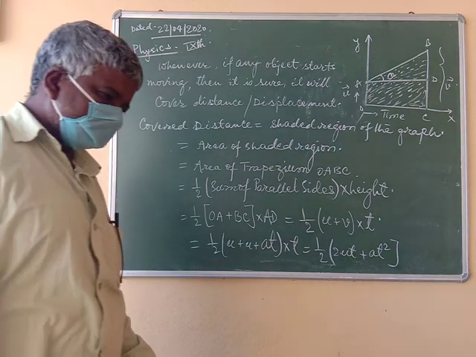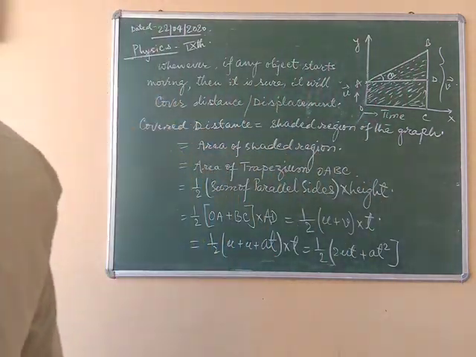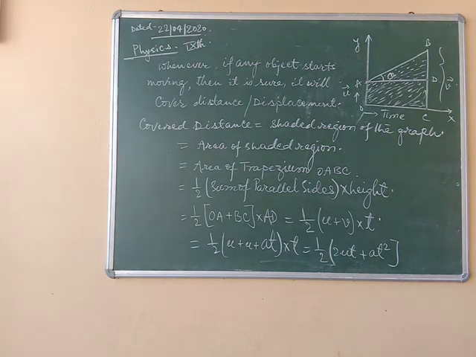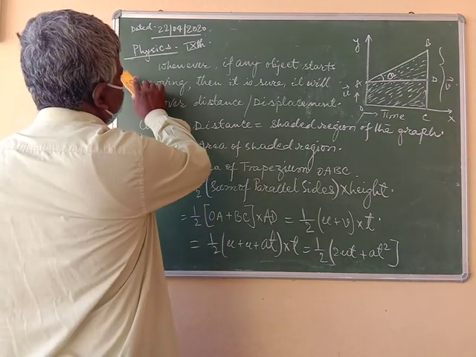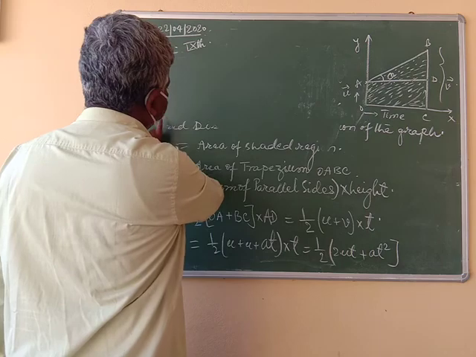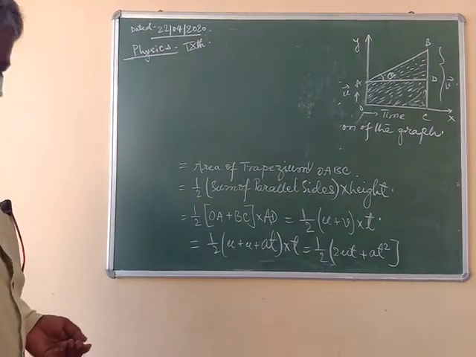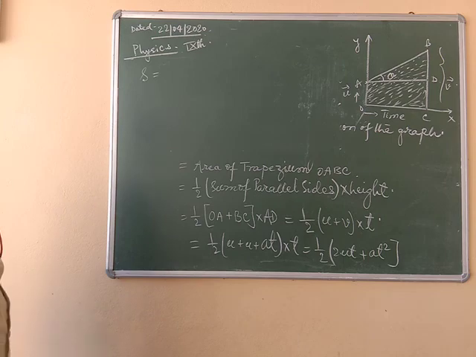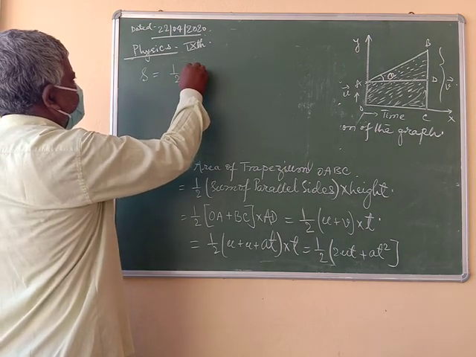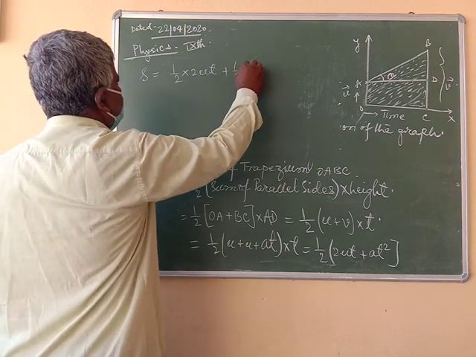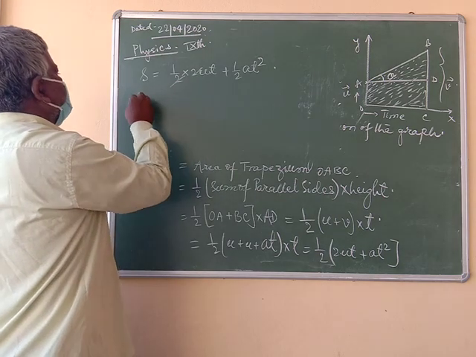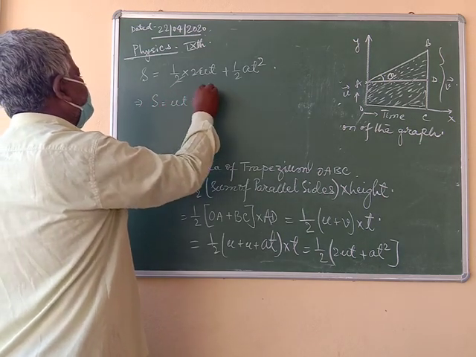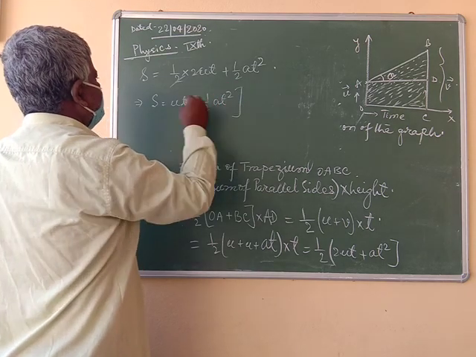Now the distance covered is denoted by small s, that is equal to half into 2ut plus half into at square, that is s is equal to ut plus half at square.